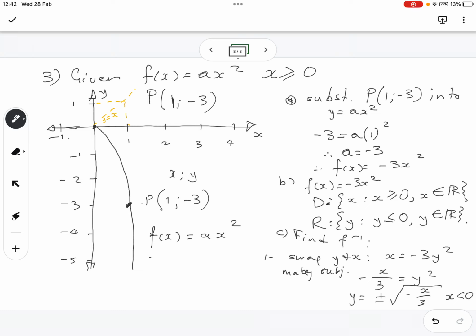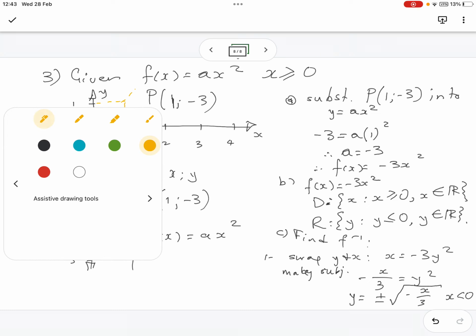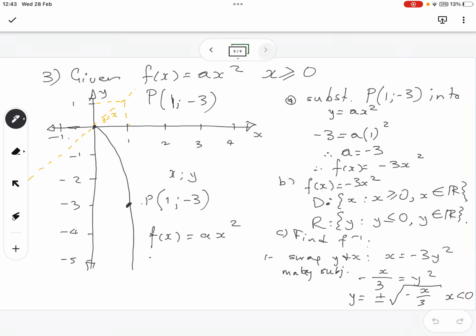So that means, oh, this is actually quite cool, because now we know that in order for the inverse to be a function, it must be somewhere on this side, where x is negative. Because any values of x that are positive give us something that's not a function, that we can't make sense of.